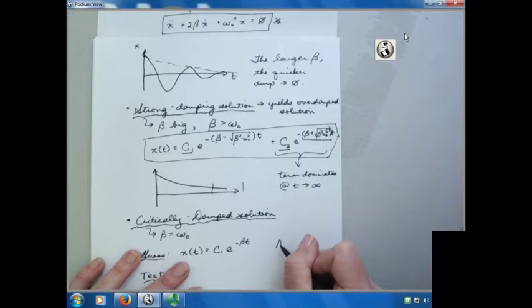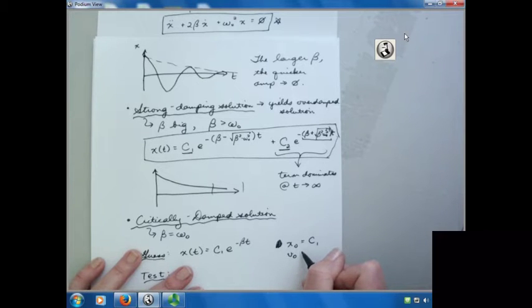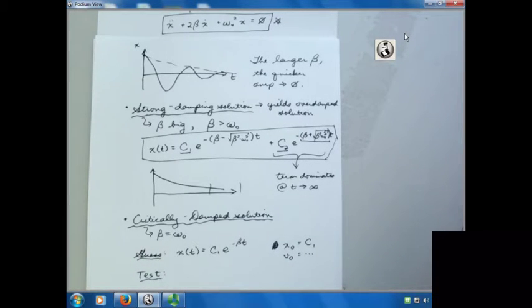So x naught is going to be equal to c1. But for v naught, I have to be able to say that it is equal to something and solve for a second constant. Here I can't, v naught isn't free to be anything. So it's not the general physical solution.